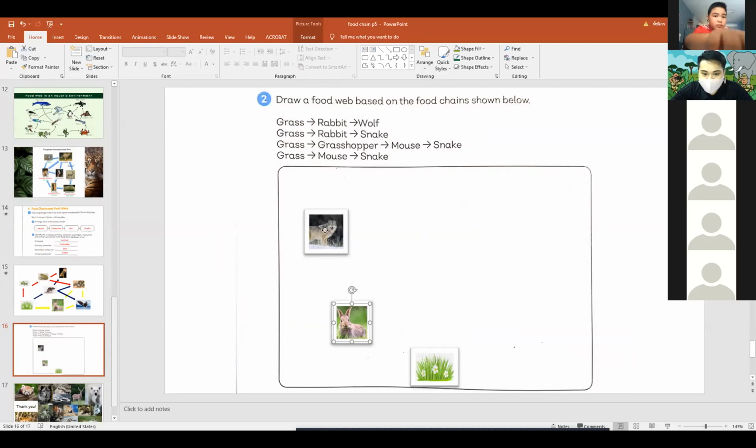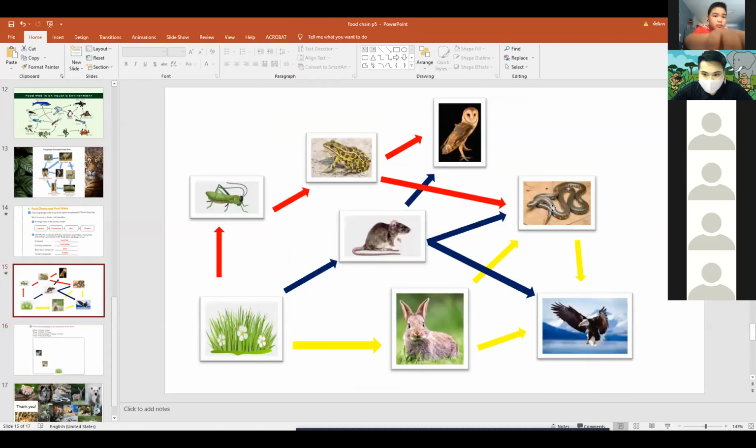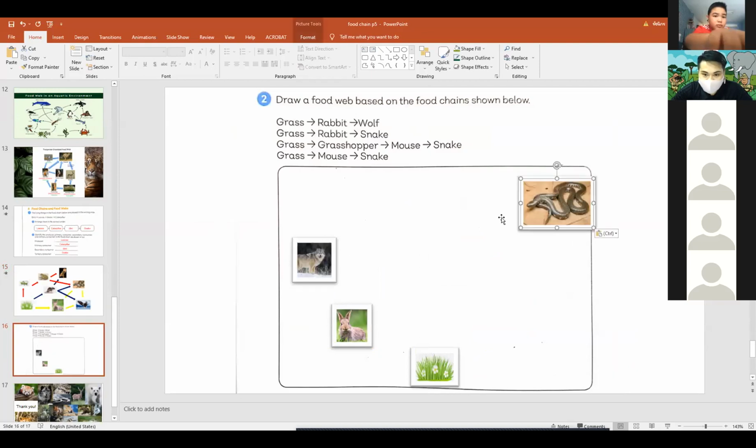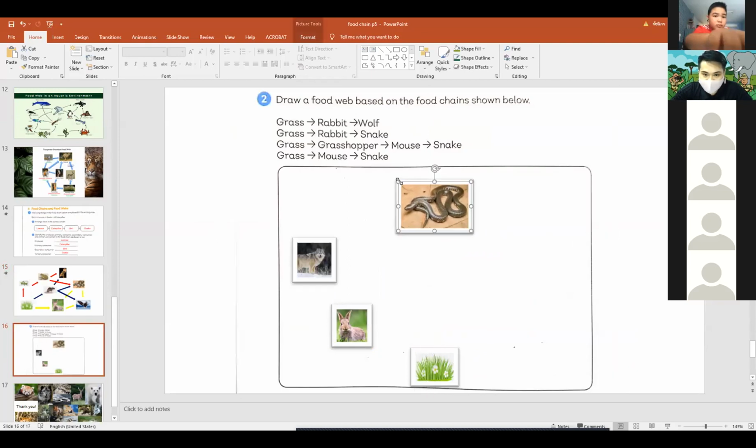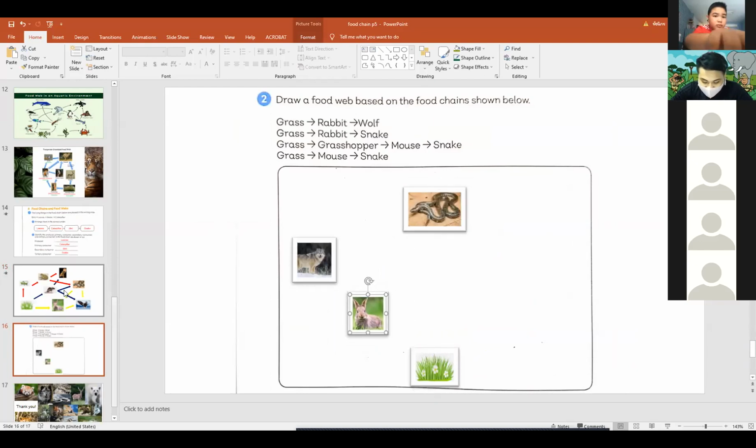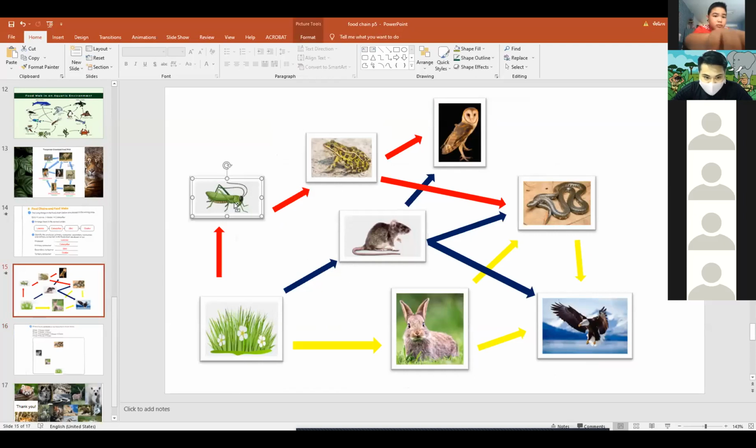Grass, rabbit, wolf. Okay? Next one, grass, rabbit, snake. Snake is here. Another one is grass, grasshopper, mouse. Grasshopper.